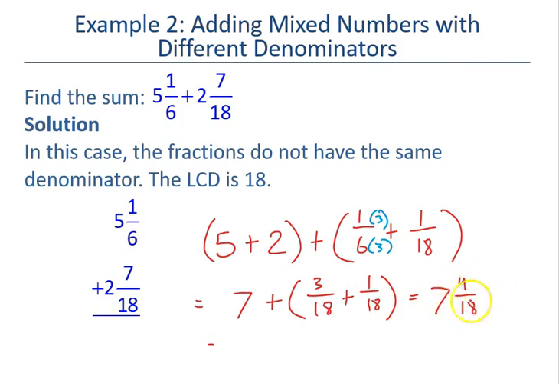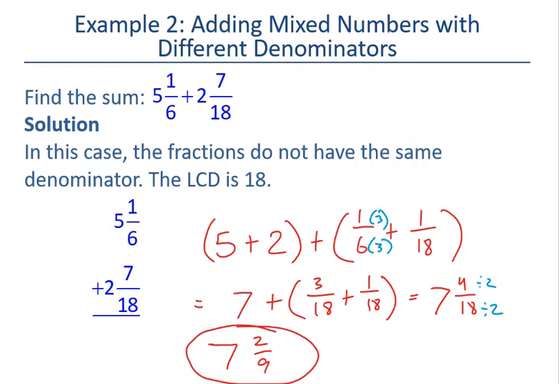Also, these are both even numbers, so I can divide everything by 2. My final answer is going to be 7, and 4 divided by 2 gives me a 2, and 18 divided by 2 gives me a 9. There would be my final answer. That's how you would add mixed numbers with different denominators.